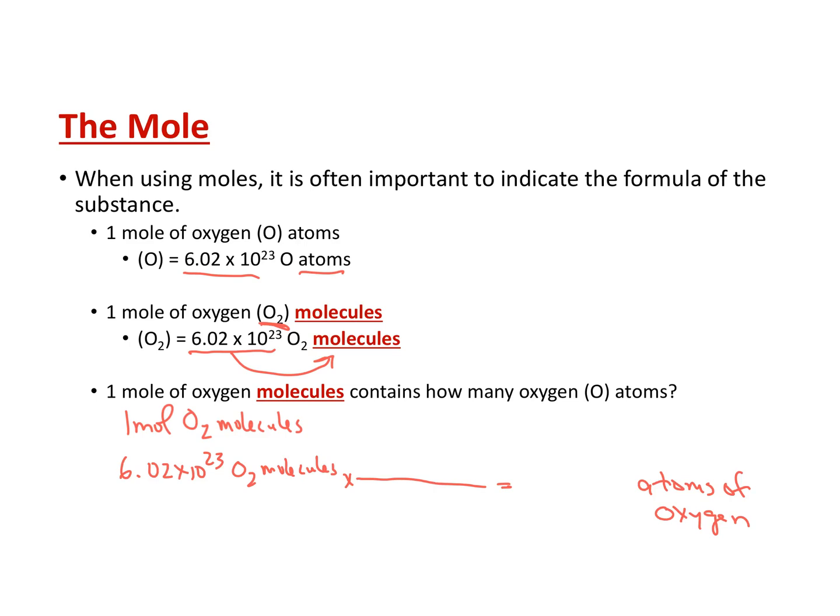And I know that in every 1 oxygen molecule, I have 2 oxygen atoms. So I can multiply by 2, oxygen molecules cancel out, and I'm left with 1.2 times 10 to the 24 atoms of oxygen. So again, what you're being asked for is very important. Am I being asked for atoms? Am I being asked for molecules?